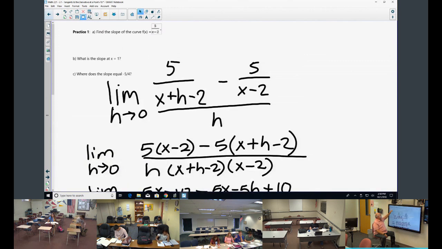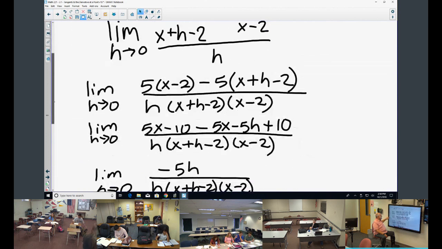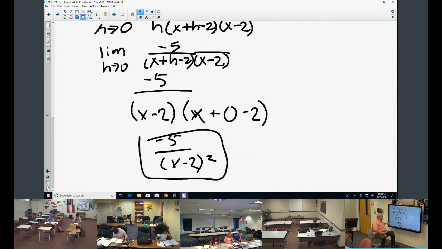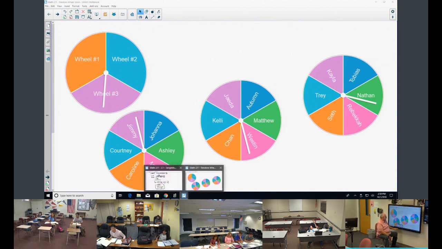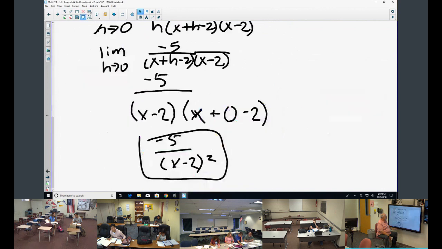All right, let's see, what was the last part? Where does the slope equal negative 5/4? Okay, let's see if you can remember how to do that. So where does the slope equal negative 5/4? We'll give Jimmy a break, he just walked in. All right, Nathan, where would the slope be equal to negative 5/4? At 4 and negative 2.